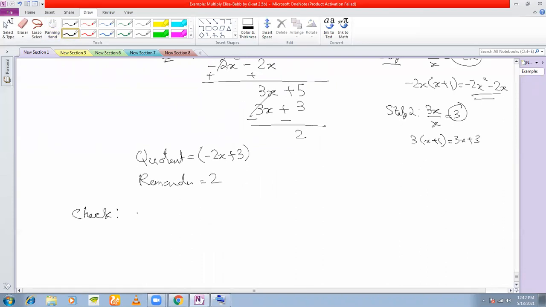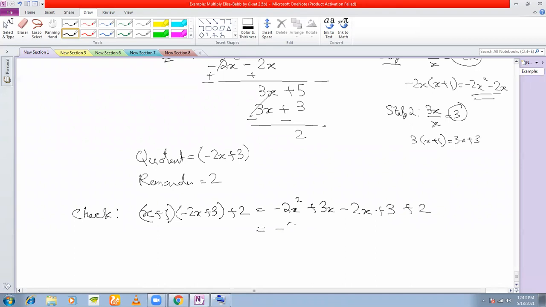You want to check? Multiply the divisor and the quotient. Divisor here is x plus 1, and the quotient that we have got here is minus 2x plus 3 plus remainder. Let's see whether we get the dividend or not. So when you multiply, you get minus 2x square plus 3x minus 2x plus 3 plus 2.